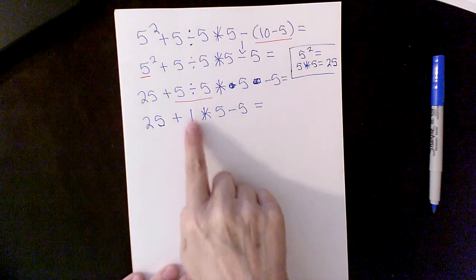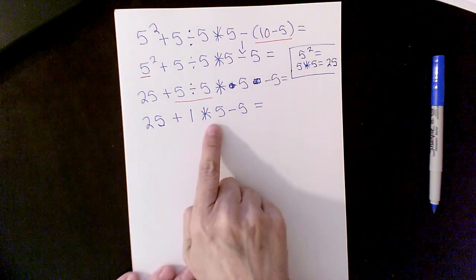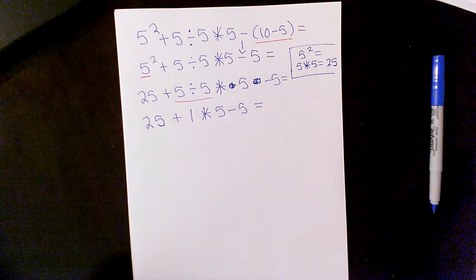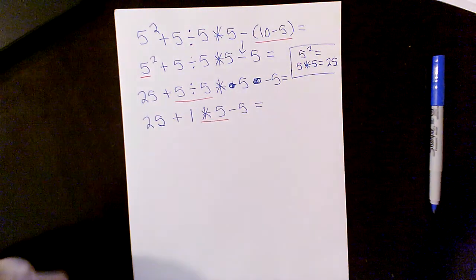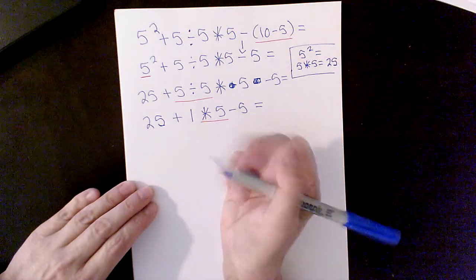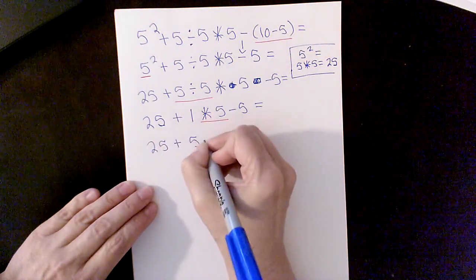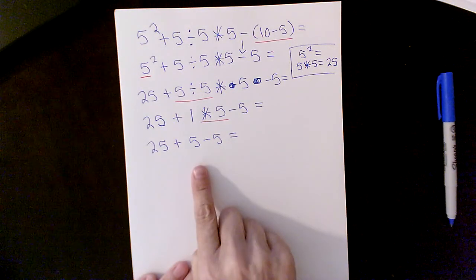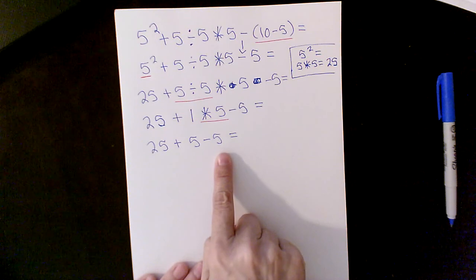Okay, so I did the division right here, and now I'm going to do multiply, because as I'm going left to right, I'm going to do this. So what's 1 times 5? It's just 5, and I bring down everything else.